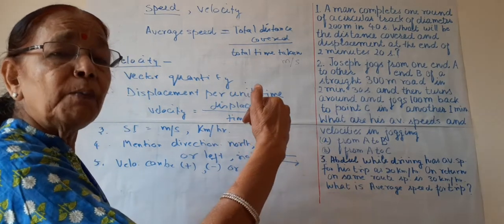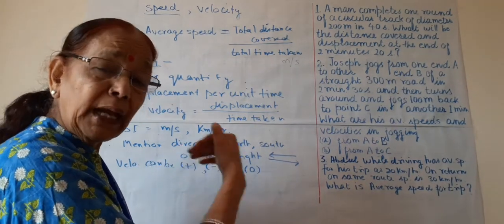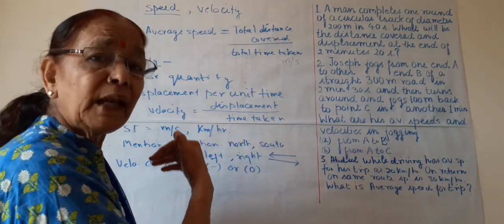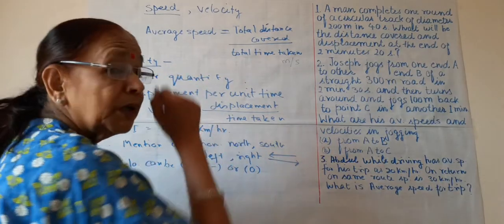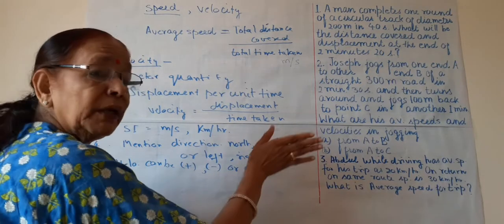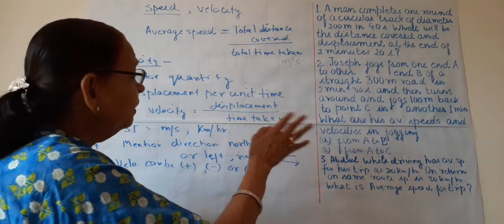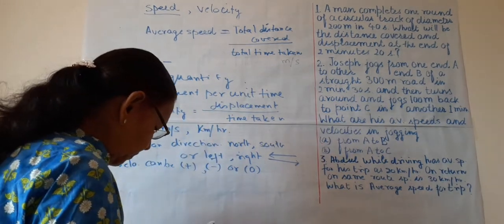When the body comes behind the original point, behind the origin, that is towards the left, then the displacement will be negative and velocity will also be negative. Positive, when it is going in the right hand direction, displacement will be positive and velocity will be positive.